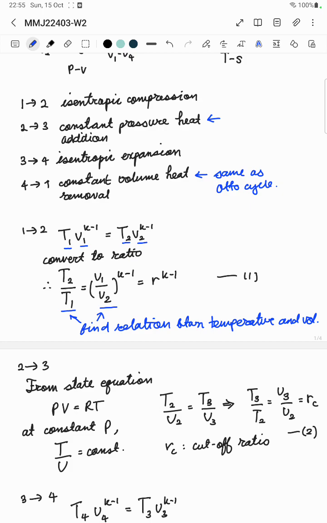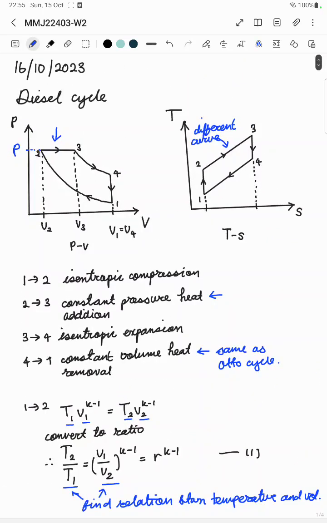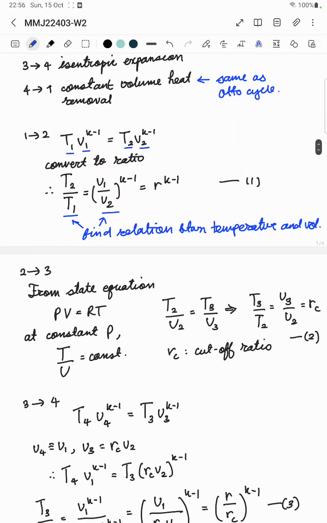Now the next step is process 2 to 3, and if you refer back to the PV diagram, this is the process of heat addition, and it is in the form of constant pressure. So from the state equation, you have the pressure to be constant, and if you manipulate the state equation from the fact that pressure is constant in this case, you can conclude that T over V is a constant.